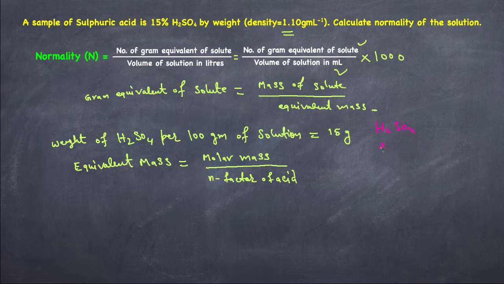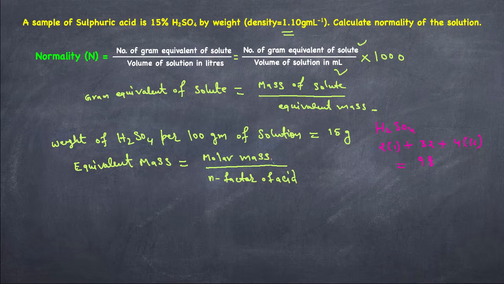We got 2 hydrogens, so 2 times 1, plus 32 for sulfur and 4 oxygen, so 4 times 16. So this gives me 2 plus 32 plus 64, equal to 98.